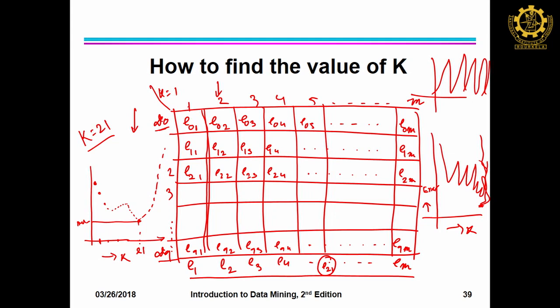So, your training data set is having some problem, and you have to use some other training data set. So, this is all about how to choose the right value of k if you want to apply the k nearest neighbor classifier.